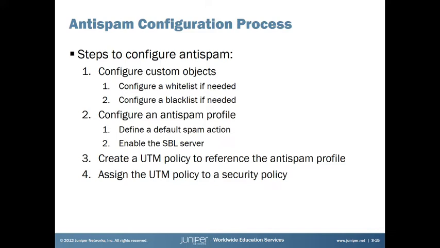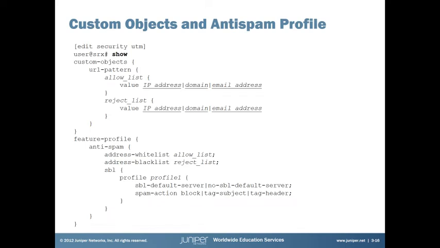You're going to create a policy to reference the anti-spam profile, and we're going to assign the policy to a security policy. So here we are under security UTM. Right down under, that's our allow list, that's our whitelist, and that's our reject list, that's our blacklist.